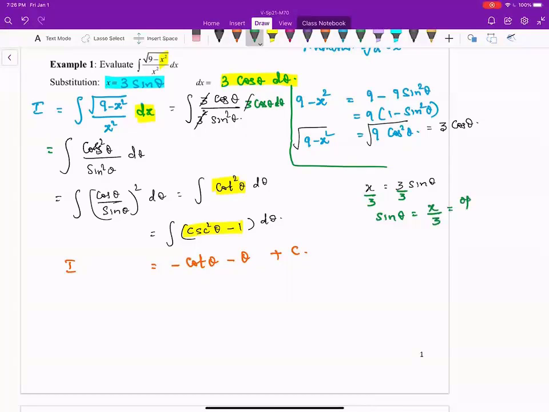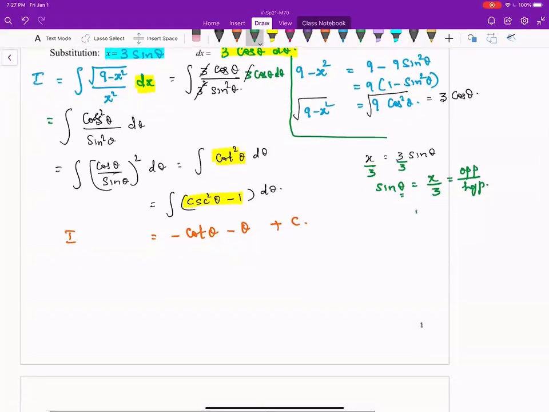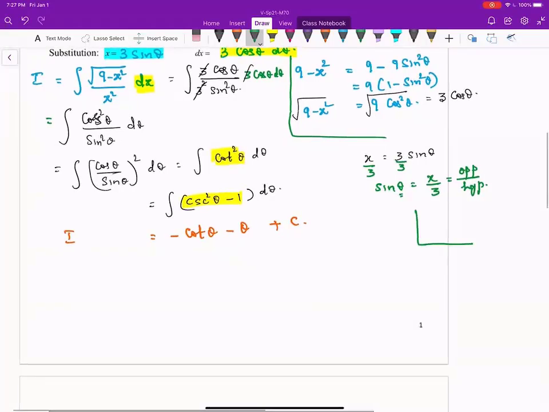But sine theta in trigonometry is opposite over hypotenuse. So where theta is the angle, the opposite side to theta is x and the hypotenuse is 3. So I will have theta right here, opposite side is x, hypotenuse is 3, and this adjacent side will be the square root of 3 square minus x square, which is the square root of 9 minus x square.